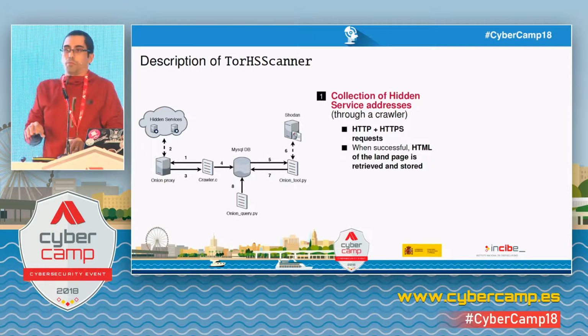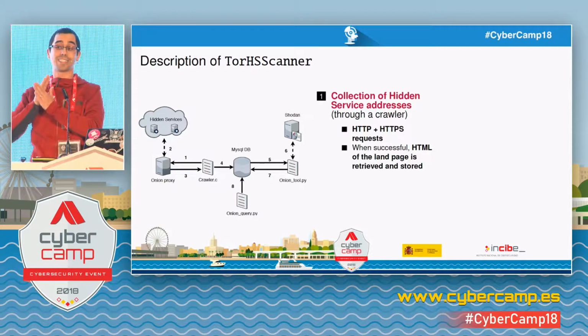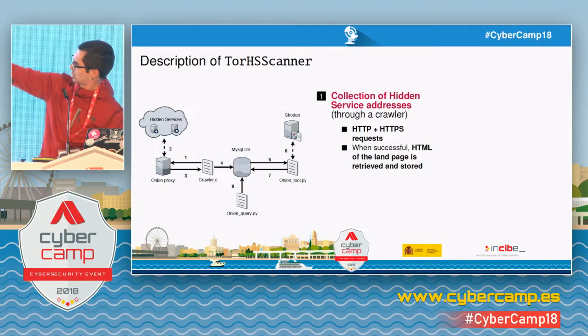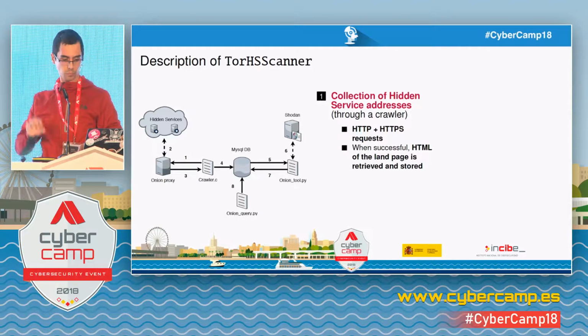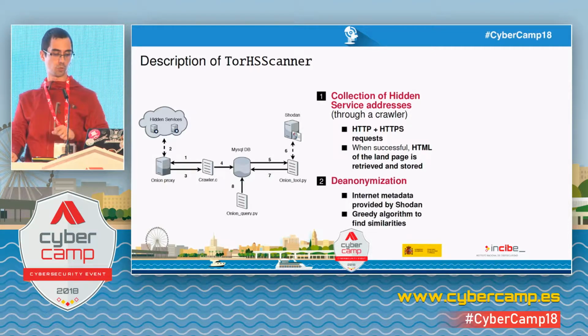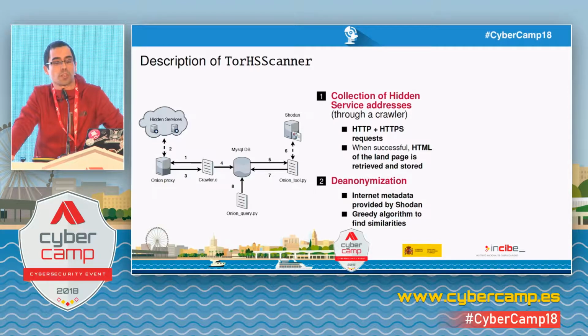Basically, this is a crawler designed in C. We feed it with onion addresses, it goes to those addresses, tries to establish an HTTP and HTTPS connection, and if it is successful, information is stored in a database. So this is the collection of hidden services addresses.